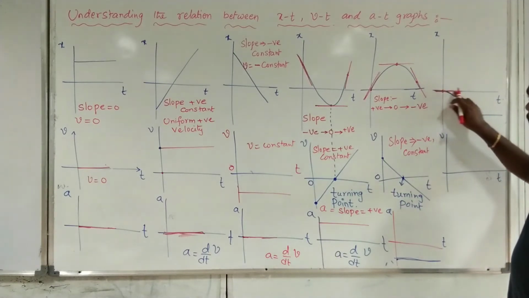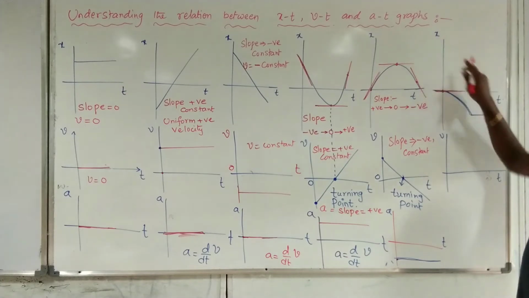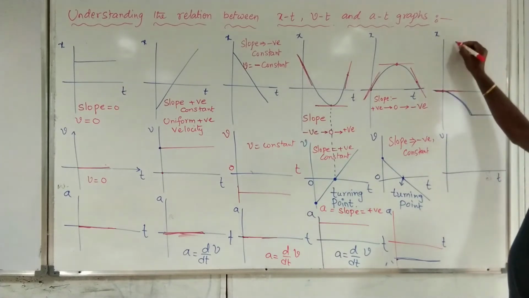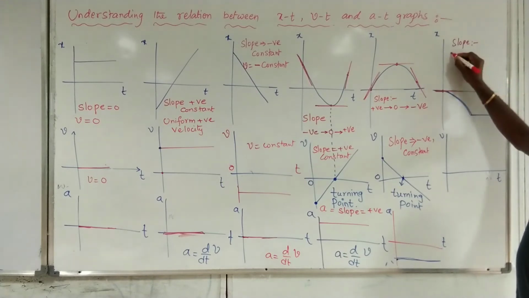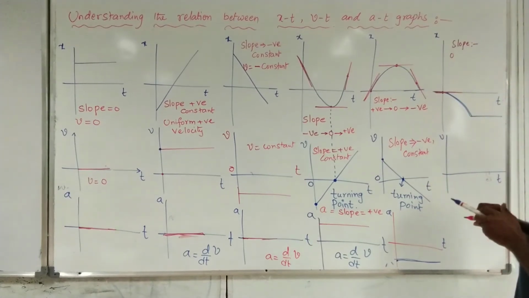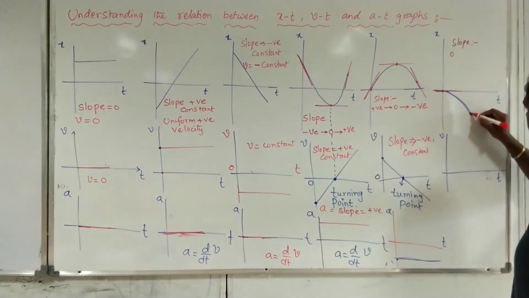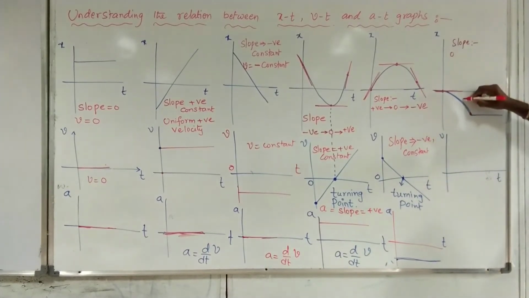Parallel to the time axis means the slope of the xt curve is equal to 0. The initial slope is equal to 0. Next, find the slope at this point. At this point, draw a tangent line.